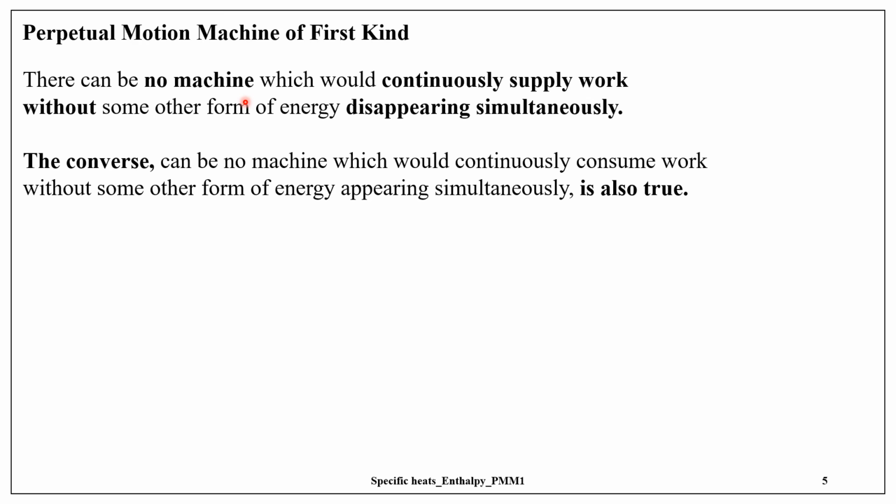So heat energy is converted into work. So one form of energy is disappearing and another form is appearing. The converse is also true: there can be no machine which would continuously consume work without some other form of energy appearing simultaneously.